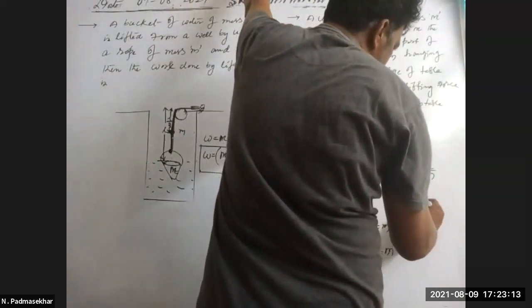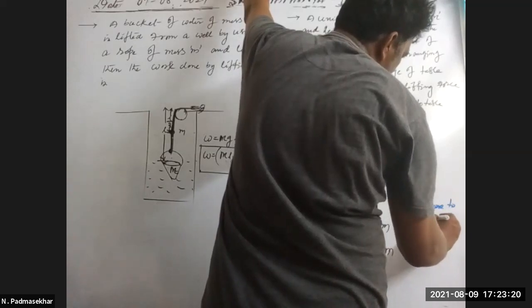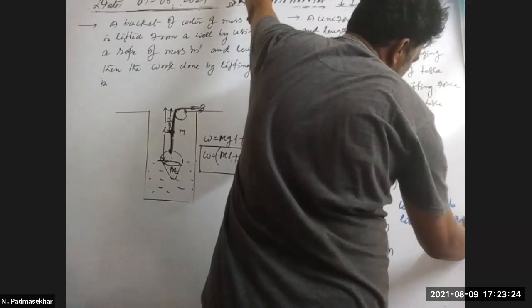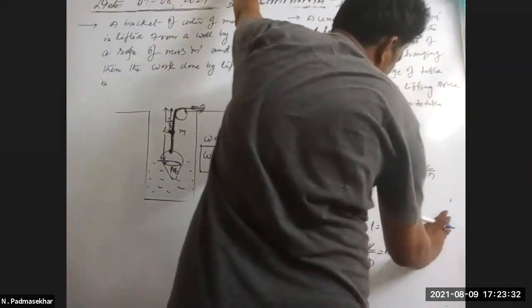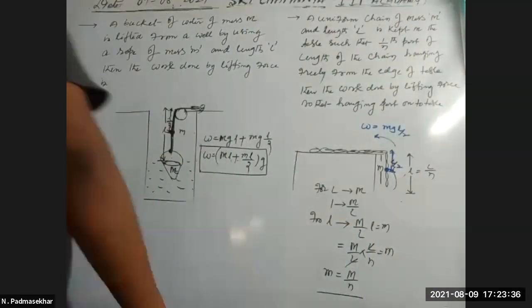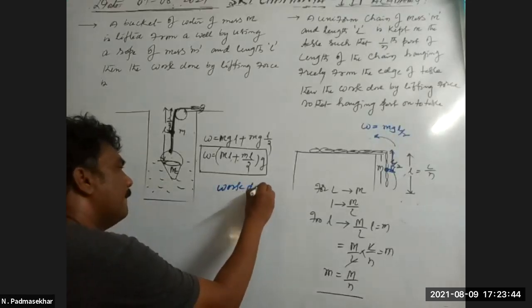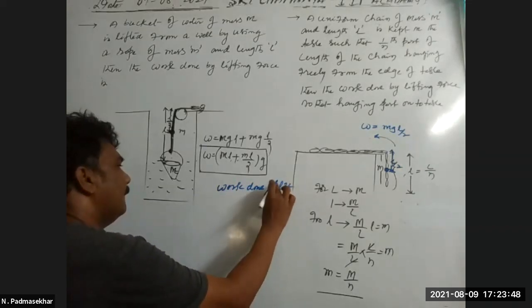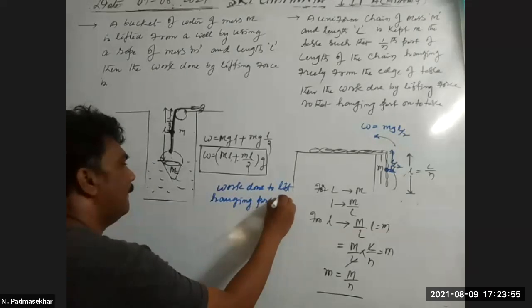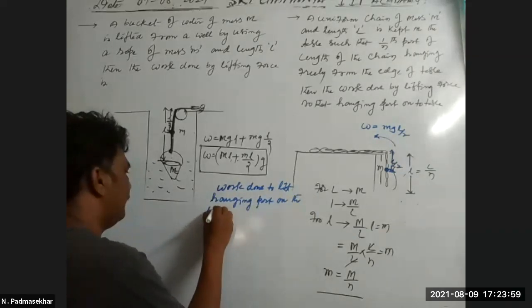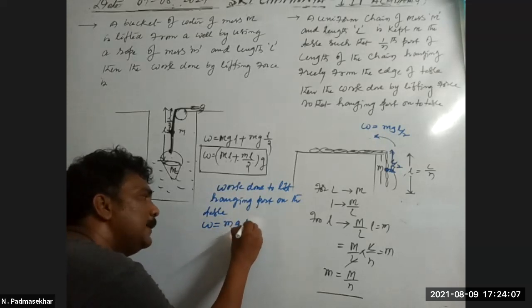So the work done to lift hanging part on the table. So W is equal to mg L by 2.